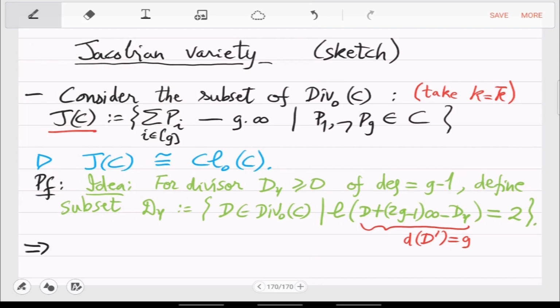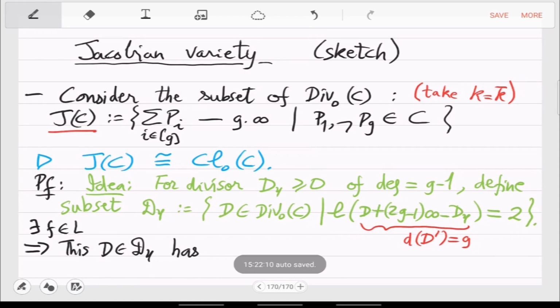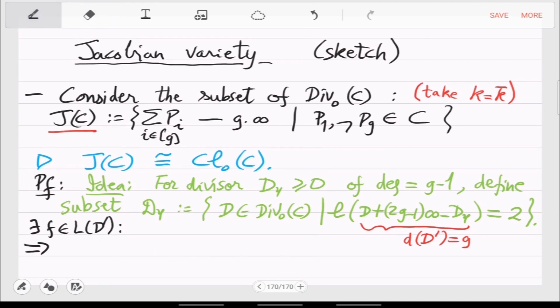So there exists a function f in the L space of d prime such that d prime plus f is greater than or equal to 0, which means that it's a sum of points.